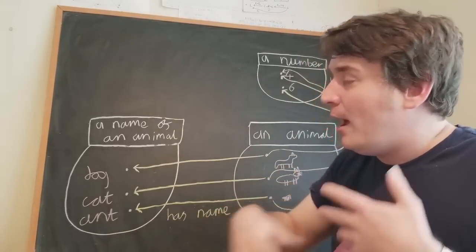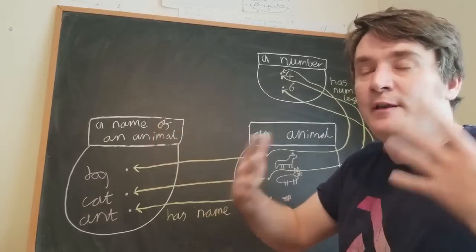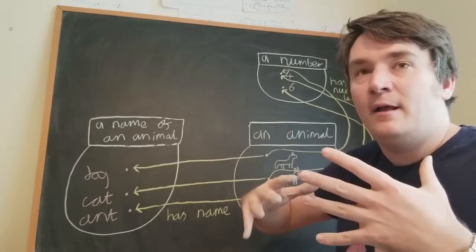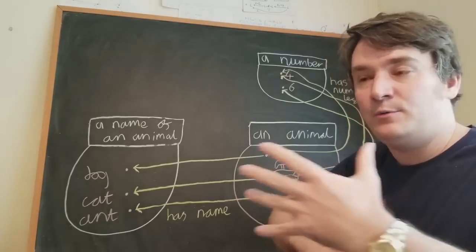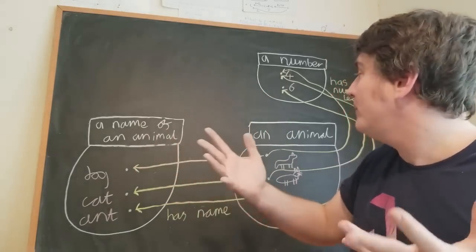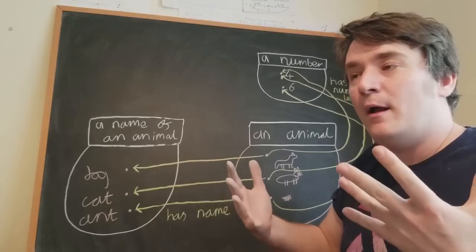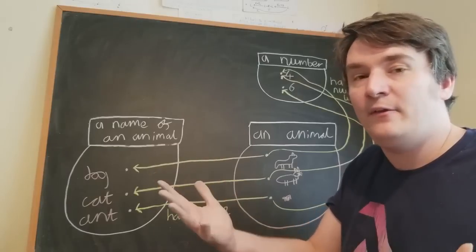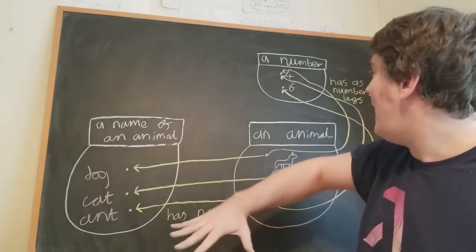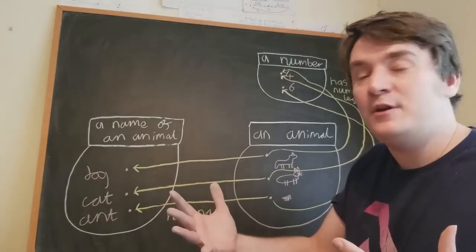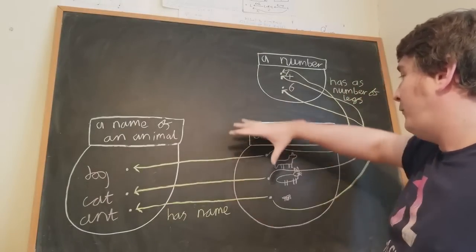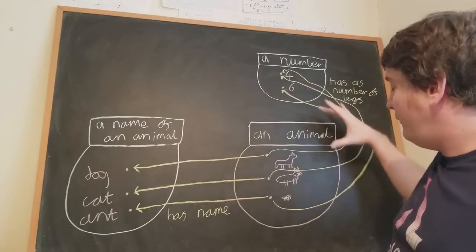So a pushout can be understood in this category of sets, and it's really the kind of dual idea to this notion of a pullback, which we've already seen many examples of. So I think the easiest way to explain what a pushout is, is simply to show you an example of one in action. Okay, so what I've got here is the set of animals, or part of it.